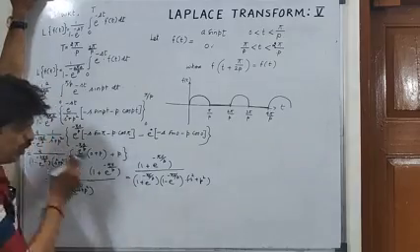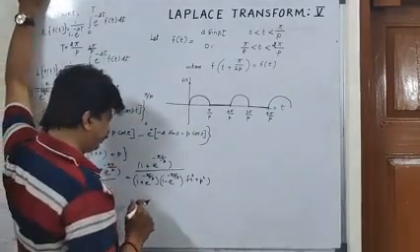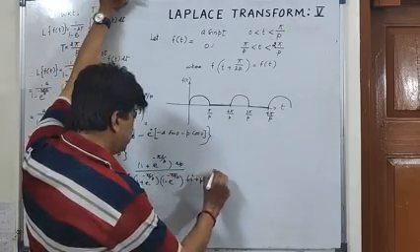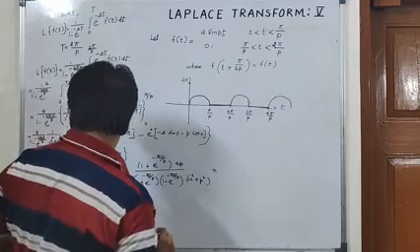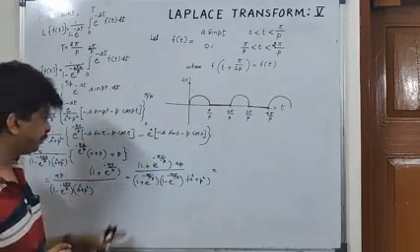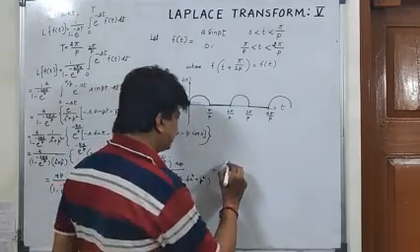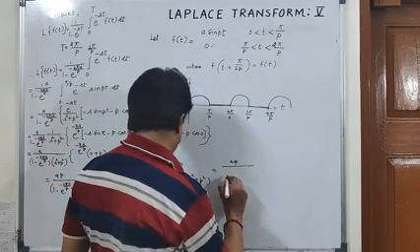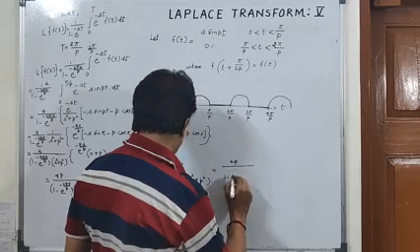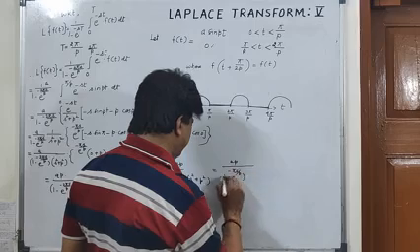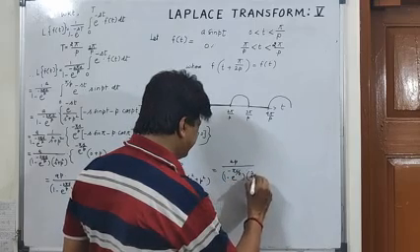So that reduces to, one factor goes, ap. So that is equal to ap upon 1 minus e raised to power minus pi s by p into s square plus p square.